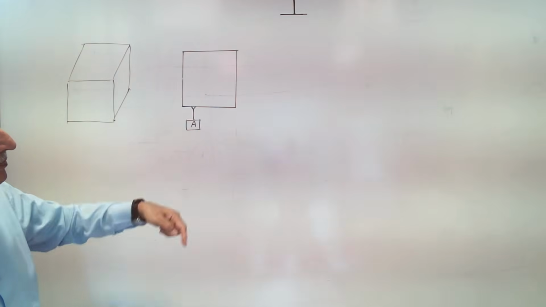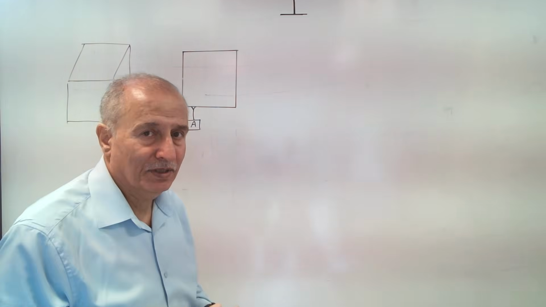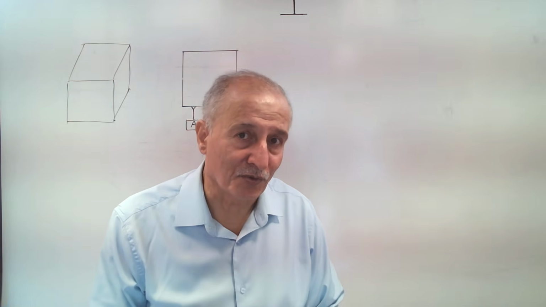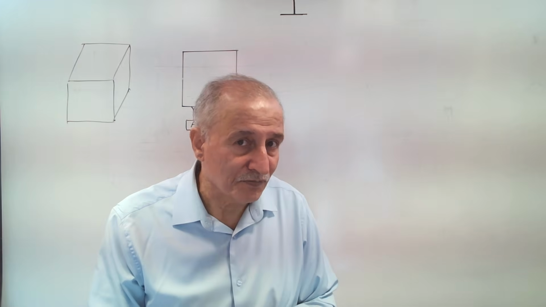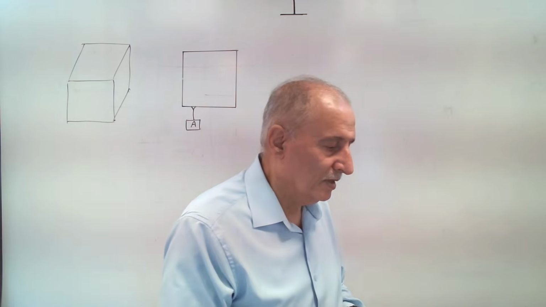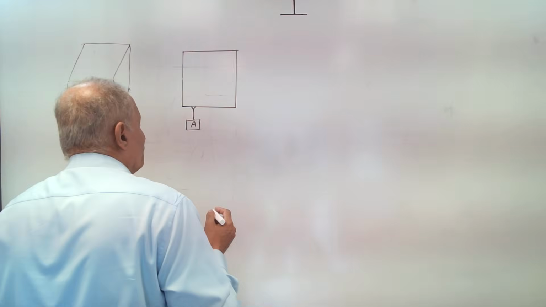Then we can apply a feature control frame that has information about the symbol of the geometric tolerance, the value of the geometric tolerance, and datum. We can apply it in two ways.